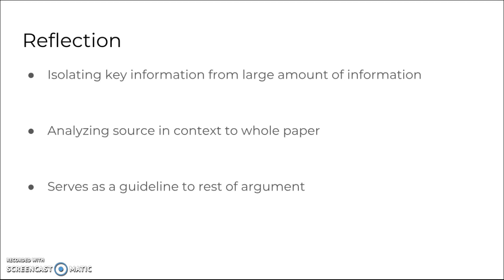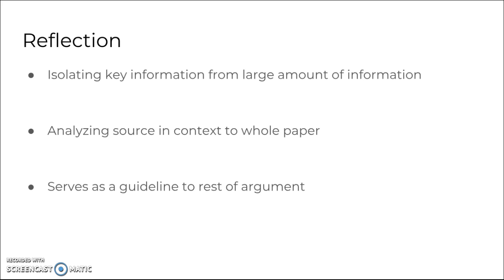In conclusion, this assignment was useful in helping to isolate key information from a relatively large amount of information within the text. That just means I took 181 pages and was able to summarize each of those main points with 1 or 2 sentences. Another thing that was useful was being able to analyze the source in context to the whole paper.